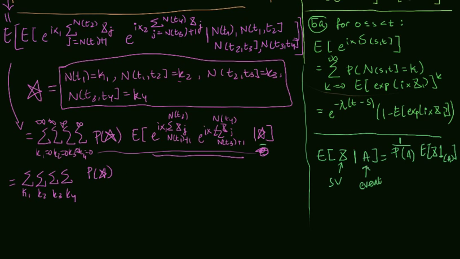So as we see here, the event that we condition on, we have to take the probability of that and divide by it.